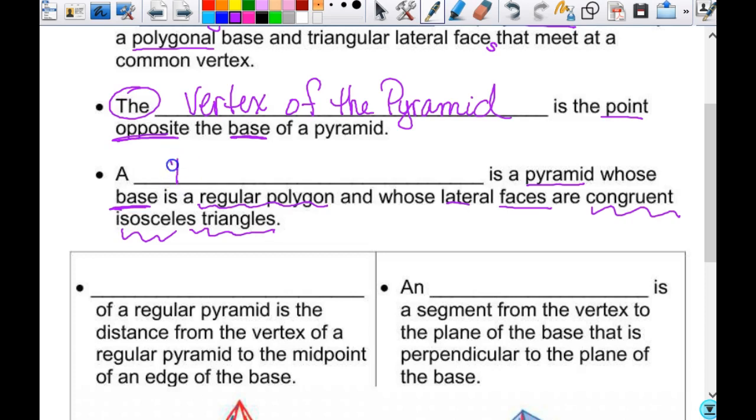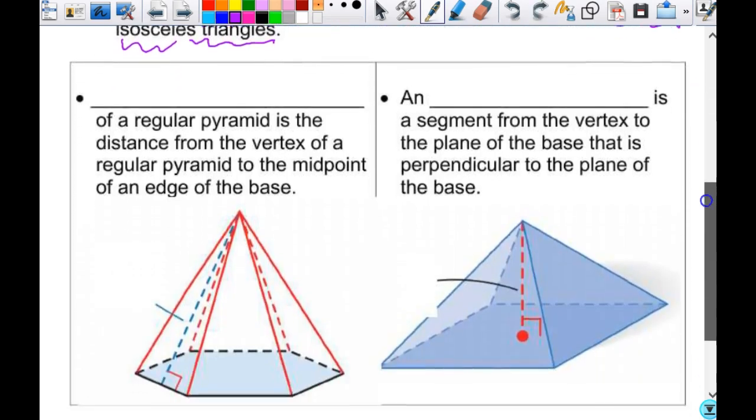This would be a regular pyramid. So the fact that it has a regular polygon as the base makes sense because it's a regular pyramid. But in addition to that, it also has lateral faces that are congruent isosceles triangles. Okay? Everybody okay with that so far? Makes sense? Definitions? So let's look at these pieces down here.